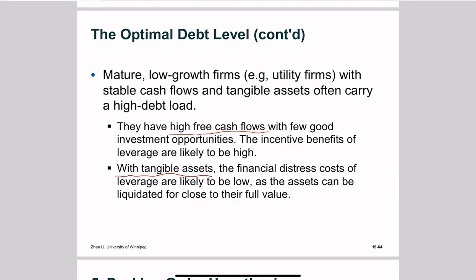Then it could avoid bankruptcy, avoid default, right? So this basically means, in some sense, these tangible assets could serve as collateral for these firms to get a high level of debt.